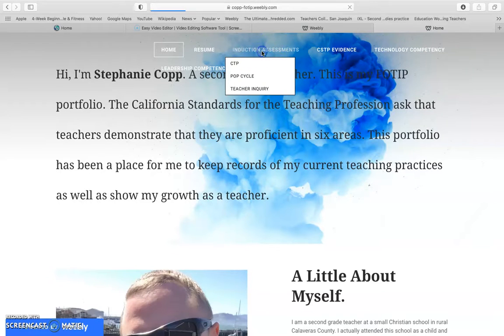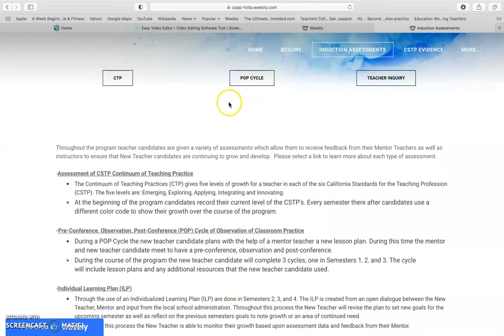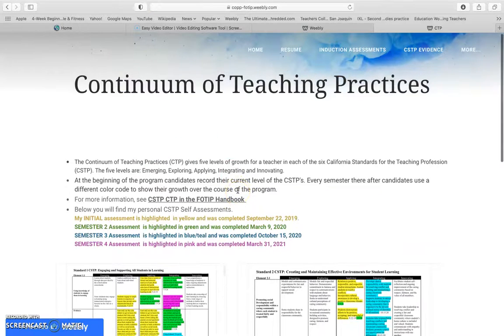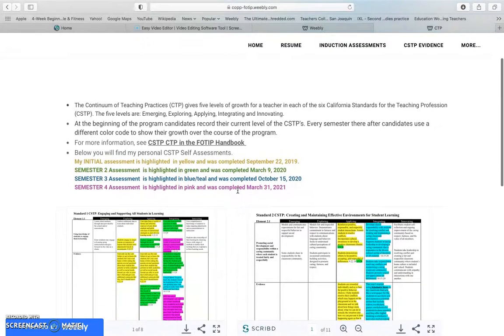Next, I would like to go to the assessment page. Here you can see the 3 different links I've got here, focusing on my continuum of teaching practices. Here we have highlighted our growth over the last 2 years by keeping up with our initial assessment, which was done in September of 2019.